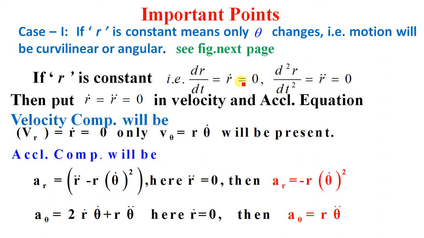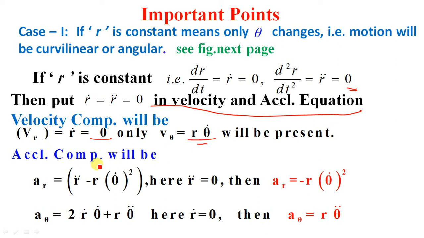In the radial direction, velocity is 0. So d square r upon dt square is again 0. Put r dot and r double dot equal to 0 in the velocity and acceleration equations. Then Vr is 0 and V theta is equal to r theta dot only.